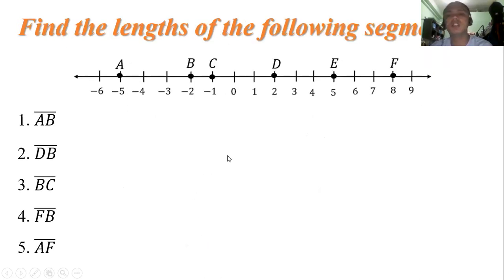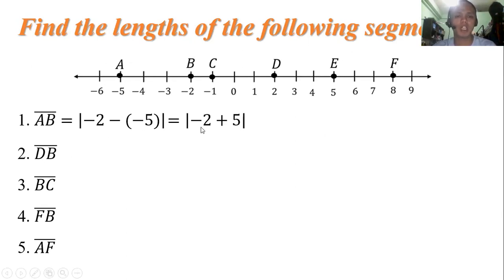Exercise tayo. Find the lengths of the following segments. For your AB, what is the length of segment AB or the distance of point A to point B? So here, negative 2 minus negative 5, or negative 2 plus 5, that would be equal to positive 3.